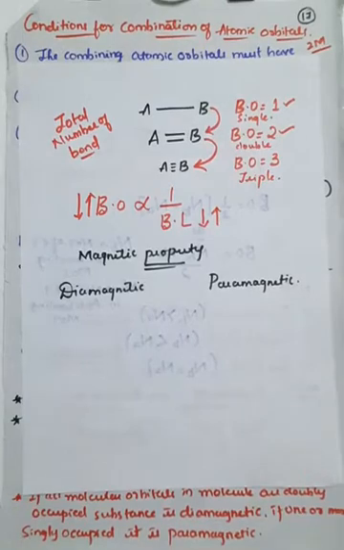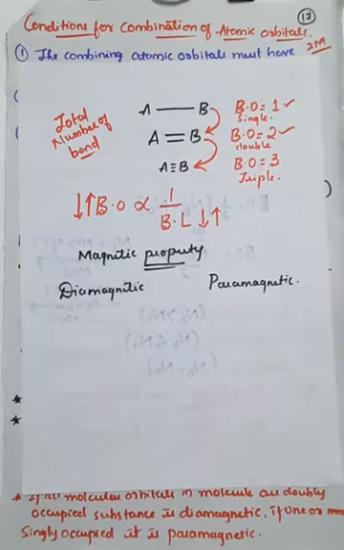So in diamagnetic, the electrons are completely filled, which means if all the orbitals in a given molecule are doubly occupied, completely filled, then it is called diamagnetic.